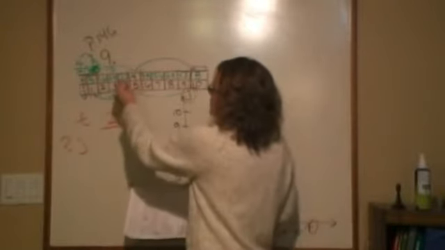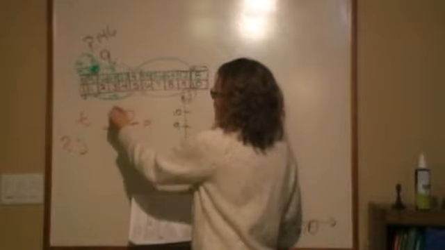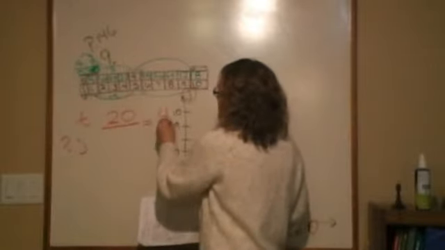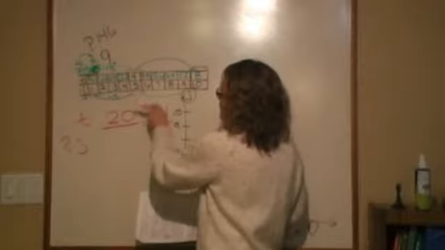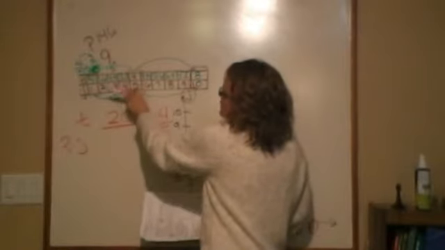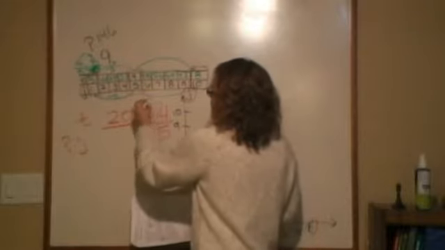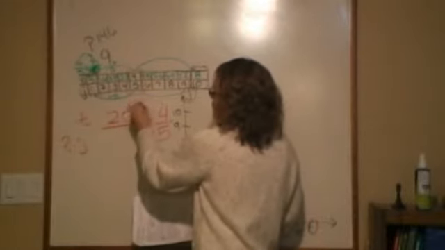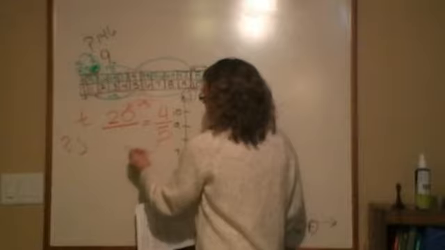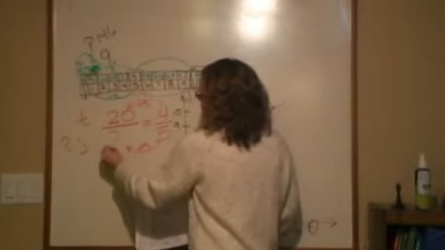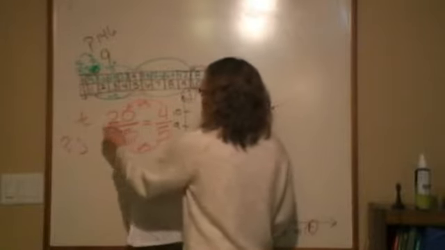Well, I can still do equivalent fractions. And this 20 over question mark has to be the same as 4 over 5 because I had 4 liters of tea for 5 jars. So how many would 20 jars need? Well, 4 times 5 is 20, and 5 times 5 would be 25. So the answer is 25.